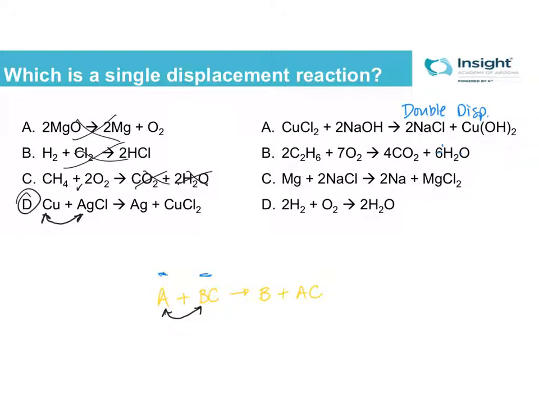All right, we just identified this one as single displacement. B, because it has oxygen as a reactant and carbon dioxide and water as products, is combustion. And then my last one, we are taking two elements and then smushing them together to make one more complicated product. That's synthesis. All right, so you should be able to do stuff like that now.